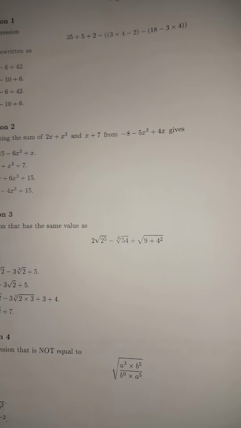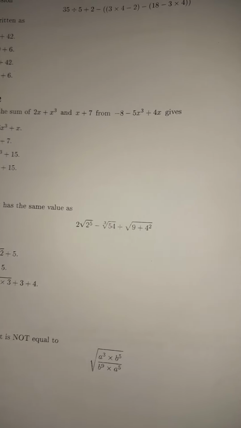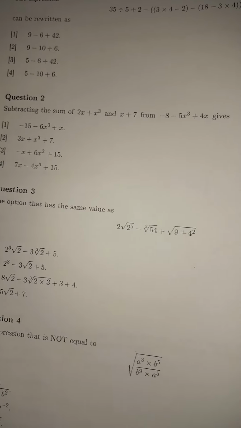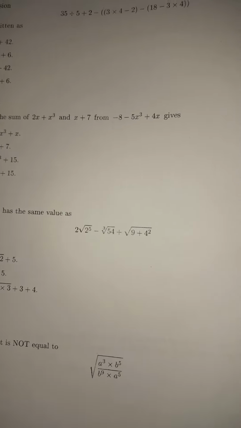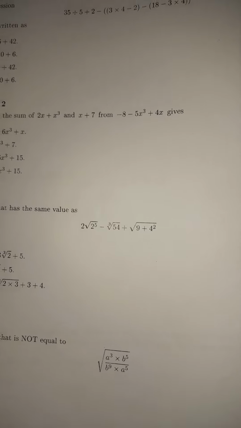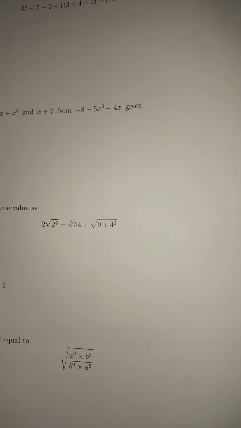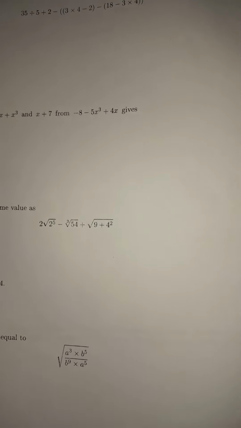It's given as 2 cubed, as well as root 2 subtracted by 3 cubic root 2 plus 5. We get 12.53 and so on. So let's go to the original given expression.